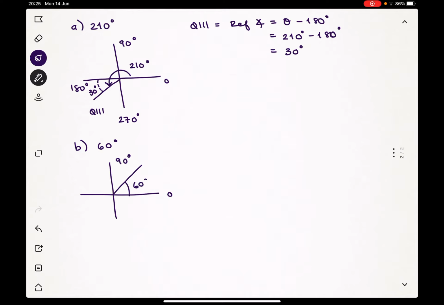So if you see in quadrant 1, it's very easy because my reference angle is actually the angle, right? So the reference angle equals the angle. So the angle is 60, so my reference angle is also 60. All right?